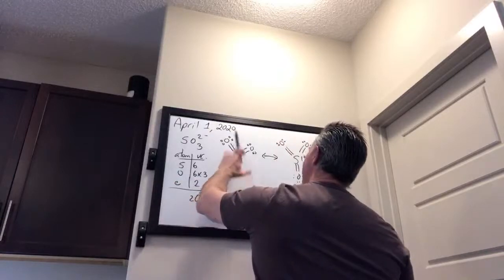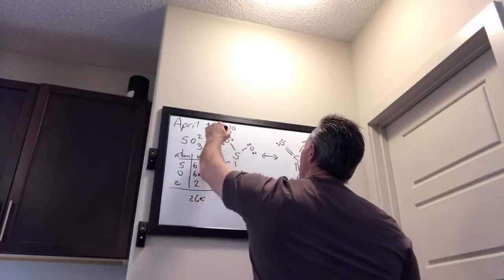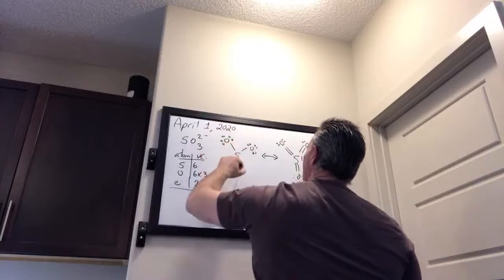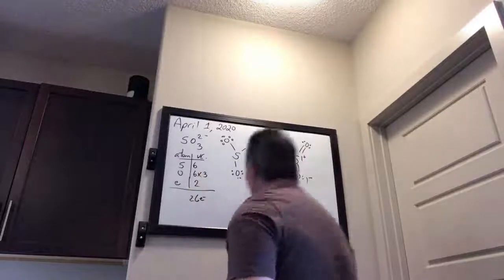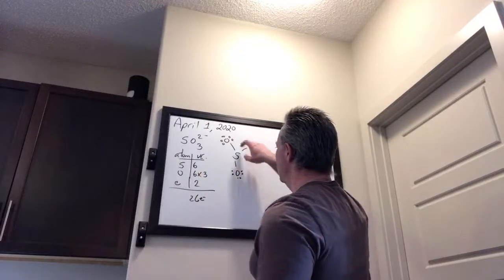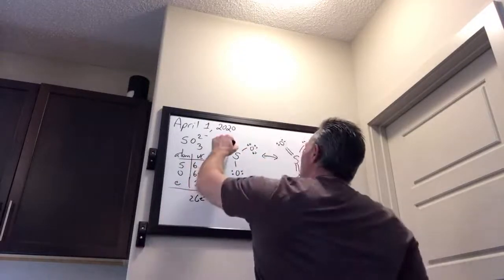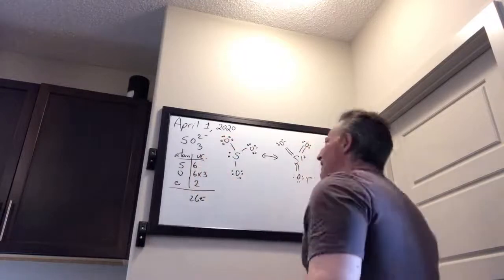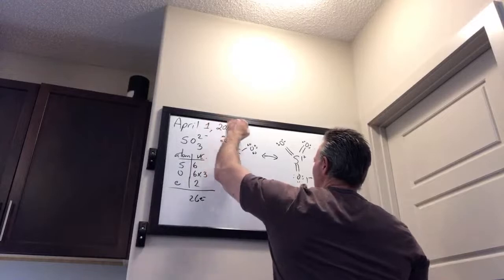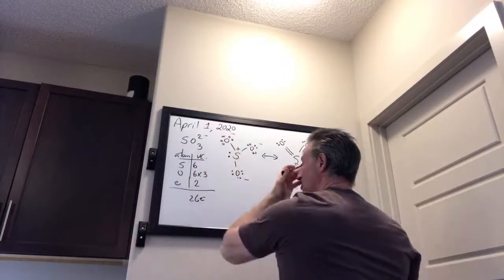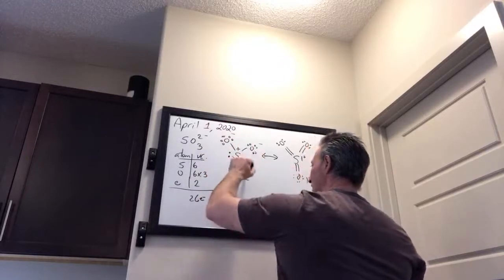If you were to disperse all the valence electrons, you get 6 times 3 is 18, 20, 22, 24, 26. And drawn this way, you would have a plus charge on sulfur and a negative charge on each of the oxygen atoms.